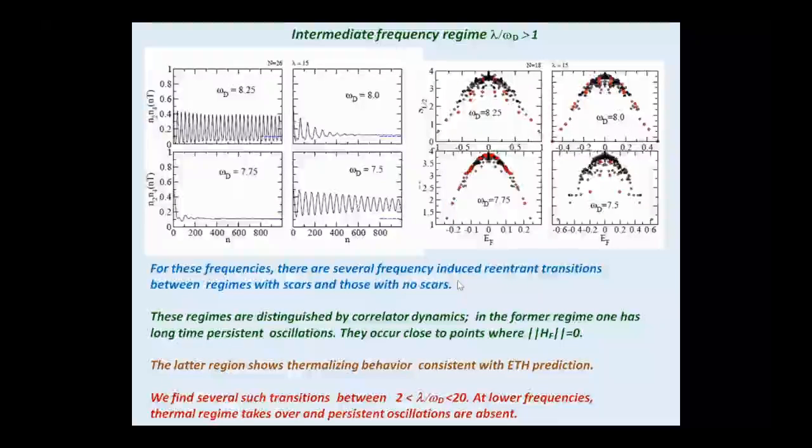For most of the cases, the scars are amazingly regular, so you just see one oscillation frequency. But if you have a situation where there are scars with multiple energy separations, then of course you are going to see a much more complicated dynamics. But that doesn't happen here.